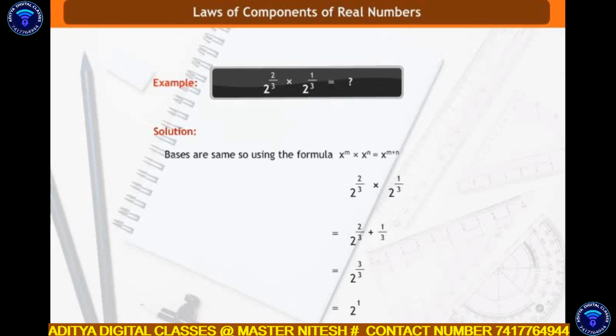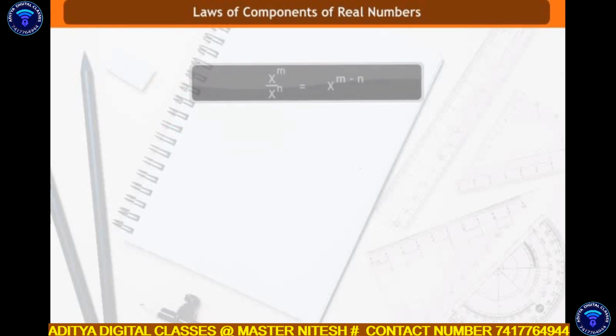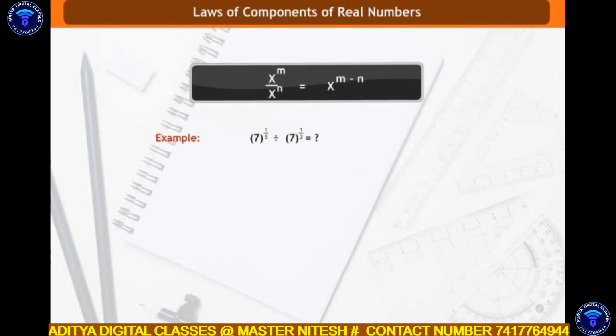Now the second law that we are going to study is x raised to the power m by x raised to the power n is equal to x raised to the power m minus n. This means if two numbers with the same base are divided, then the answer is the base raised to the upper exponent minus the lower exponent. Let us understand with the help of an example.